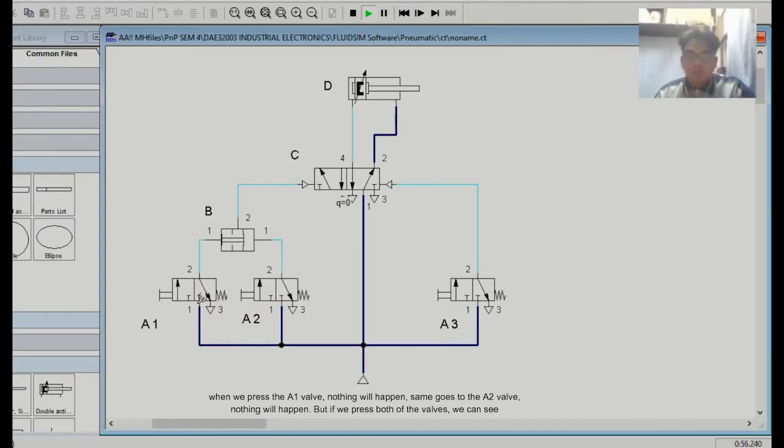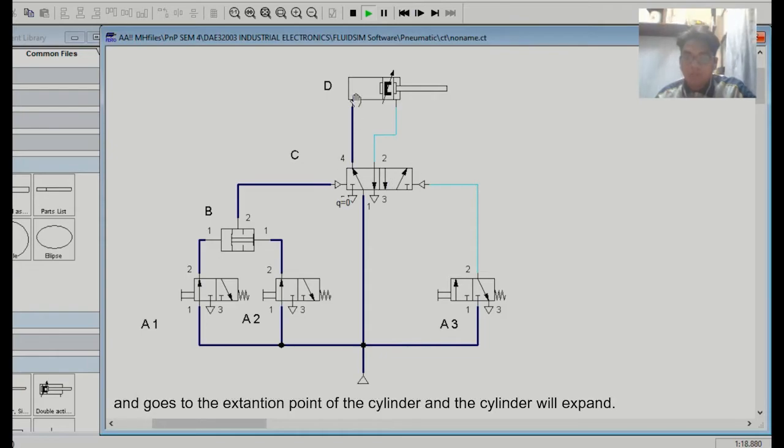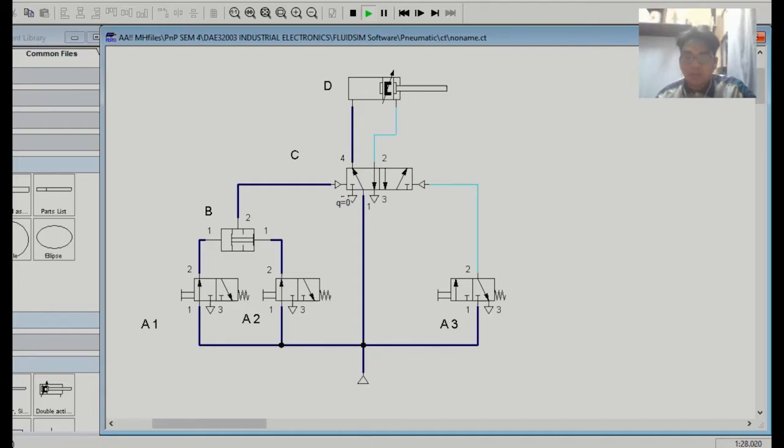But if we press both valves, we can see that the 2 pressure valve will let the air flow through it and go to the C valve, which will alternate the other part of the valve and go to the extension point of the cylinder, and the cylinder will expand.